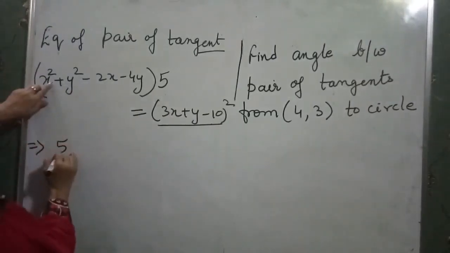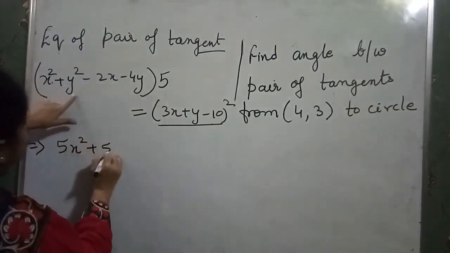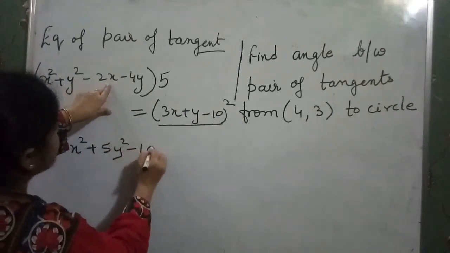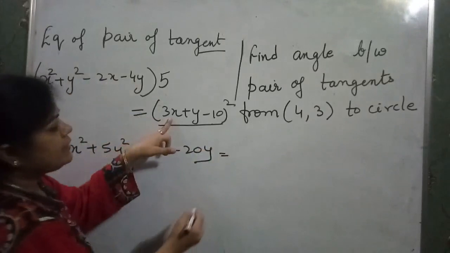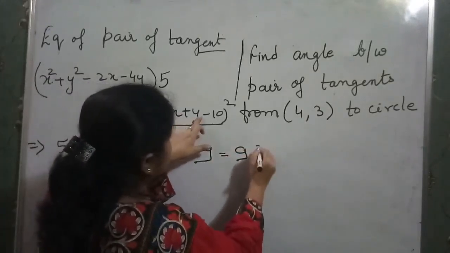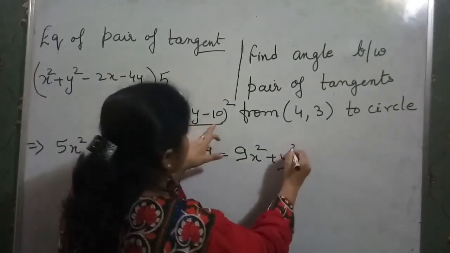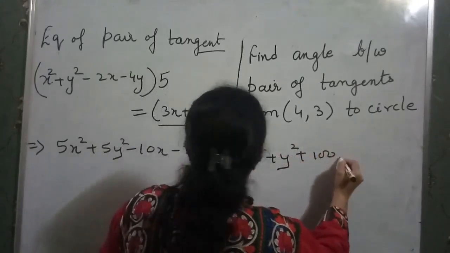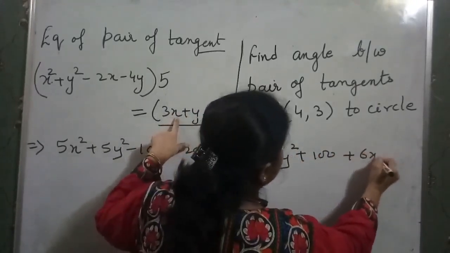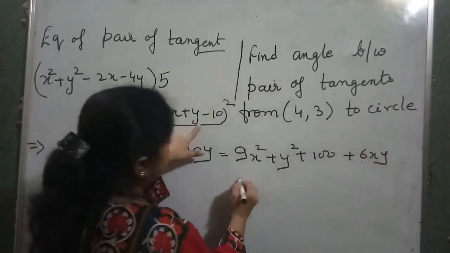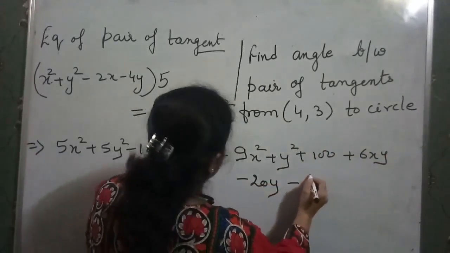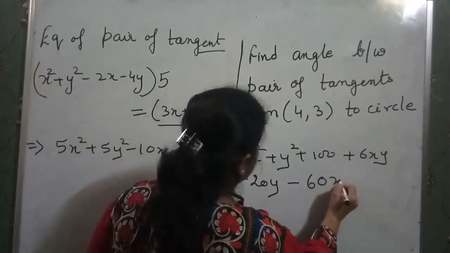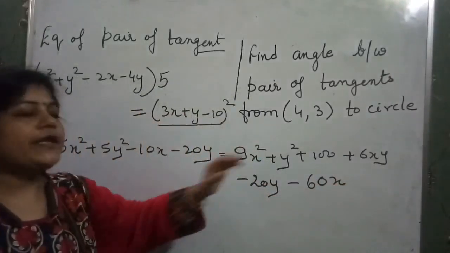We multiply it: 5x square plus 5y square minus 10x minus 20y. Clear? Now expand it: 9x square plus y square plus 100. Clear? Now 2ab, that means 6xy, 2bc minus 20y, and 2ca minus 60x. After expanding, I got this.